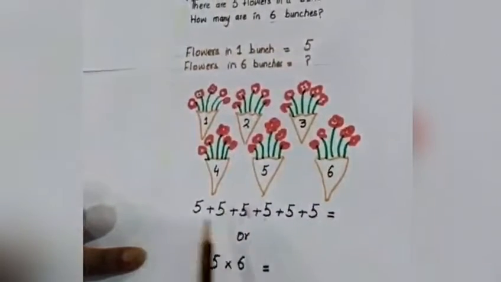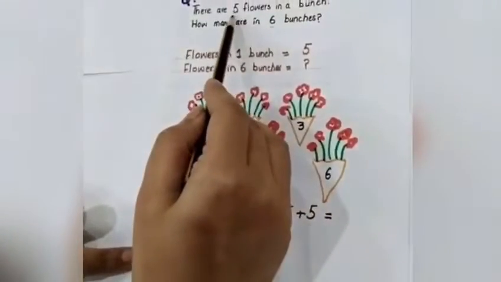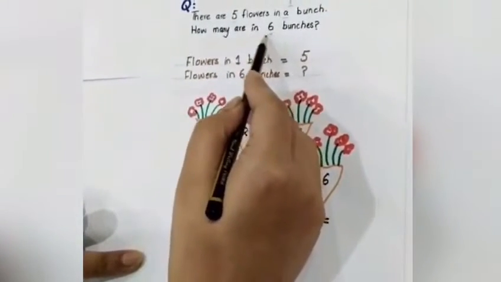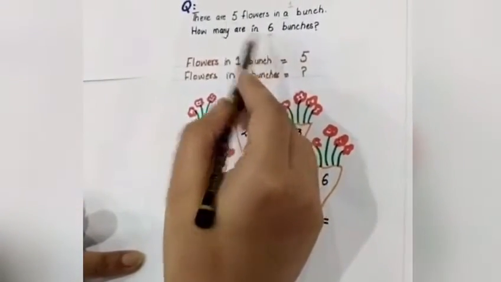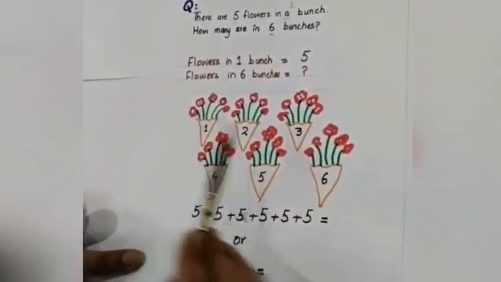The first technique we are going to discuss is repeated addition. As you can see, I have 5 flowers in a bunch, and I have to put flowers in 6 bunches. So that means the number of flowers will increase from 5.